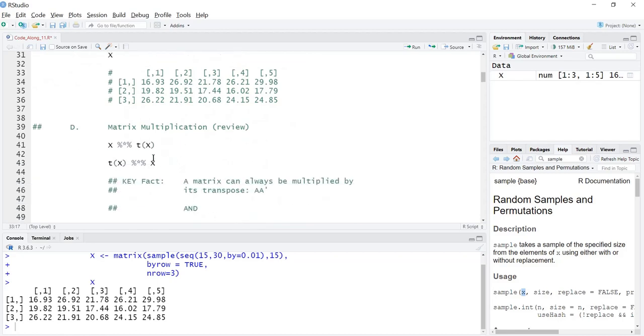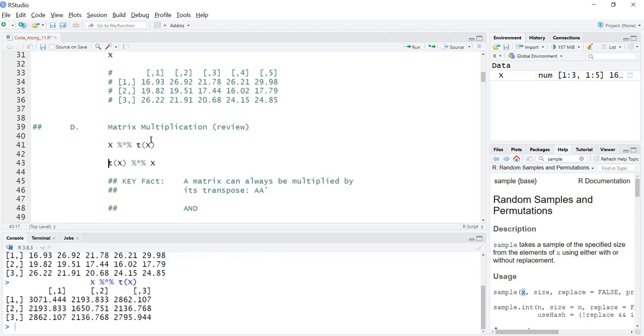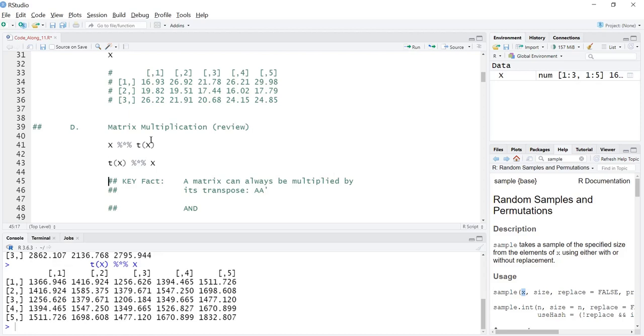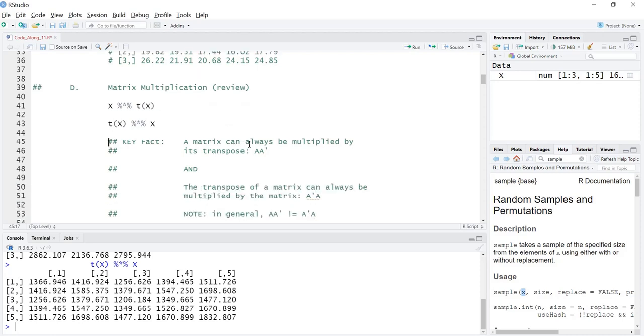We also reviewed matrix multiplication. We talked about x times its transpose. In this case, it gives us a 3 by 3, and the transpose of x times x gives us a 5 by 5. So we can always multiply a matrix by its transpose, and we can always multiply the transpose of a matrix by the original matrix.